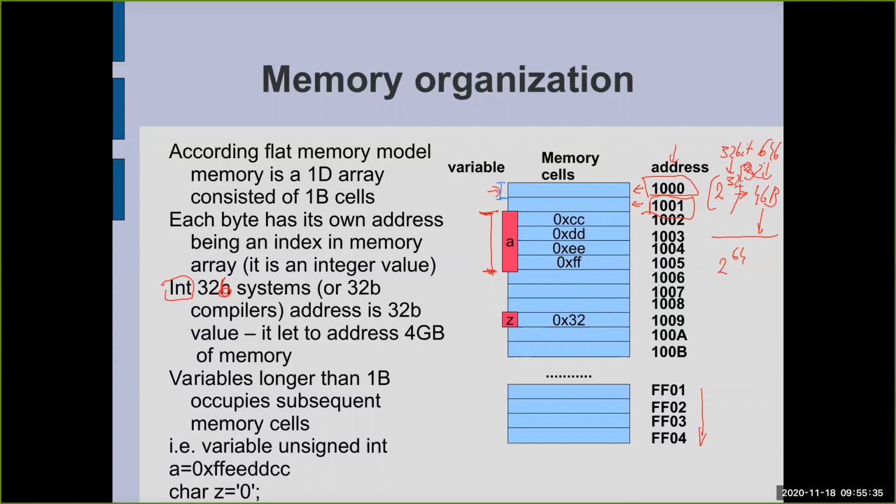So here we have 4 gigabytes to the power 32. This is the amount of memory we can address in current computers. For now it's almost impossible to have so much RAM or RAM plus swap. So it is enough.